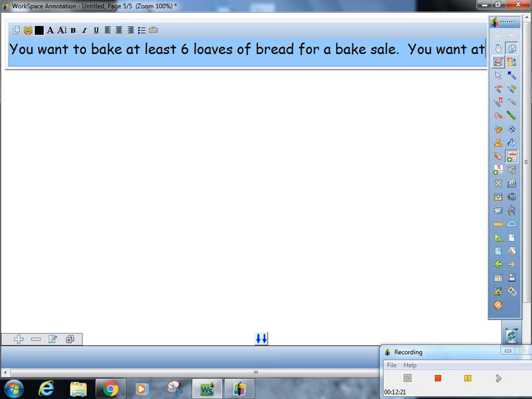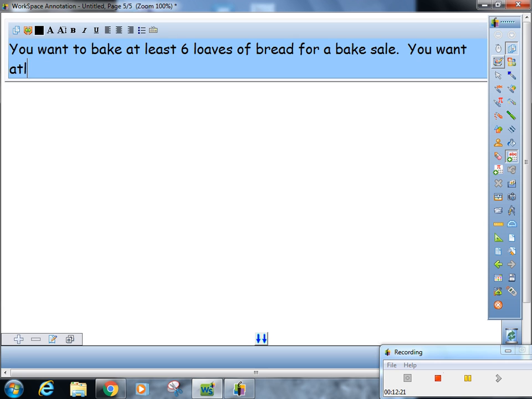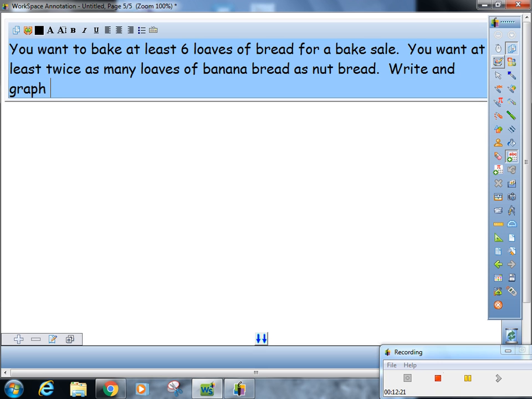You want at least twice as many loaves of banana bread as nut bread. Write and graph a system of inequalities to model the situation.